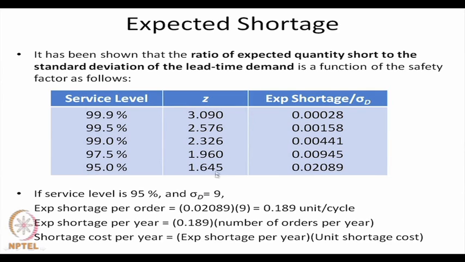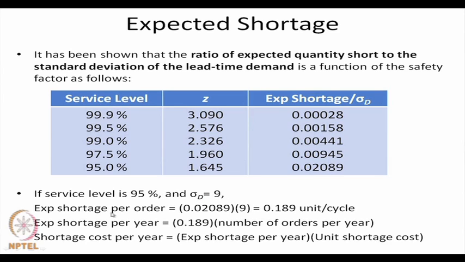So, Z is the safety factor, and the ratio of the expected number of units short to the standard deviation of the demand is given by this for different service levels. Thus, if the service level is 95% that the management has set, and if sigma d, the demand standard deviation, is 9, then the expected shortage for 95% is 0.02089 multiplied by sigma d, which is 9.